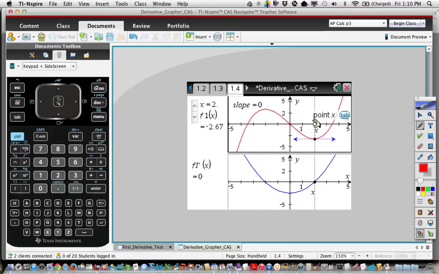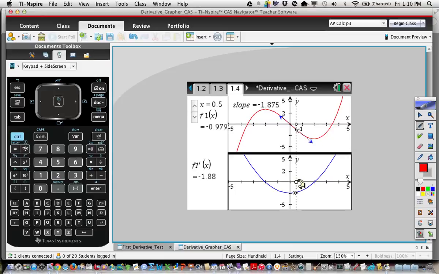All right, one other point of interest would be this point right down here. We have a local min right down here on f prime. When the blue graph has a local min down here, what do we got on the red graph? We got an inflection point. So there's a real connection here between the things that are happening with the f prime graph and what's happening with the f graph.